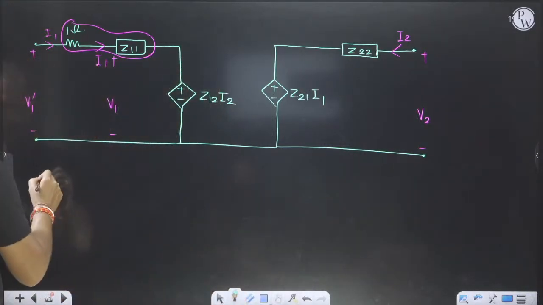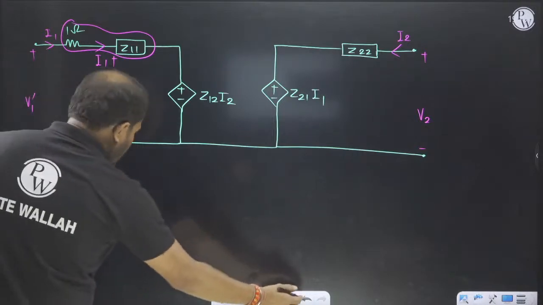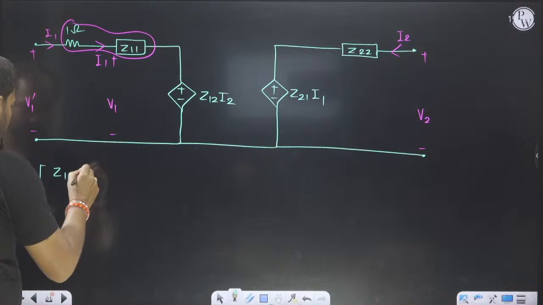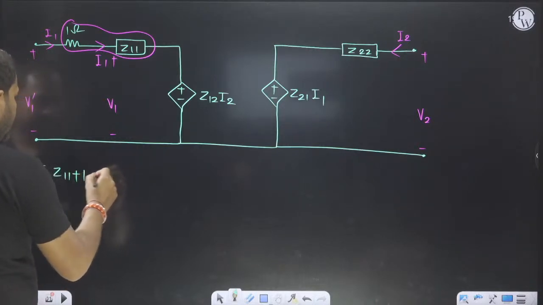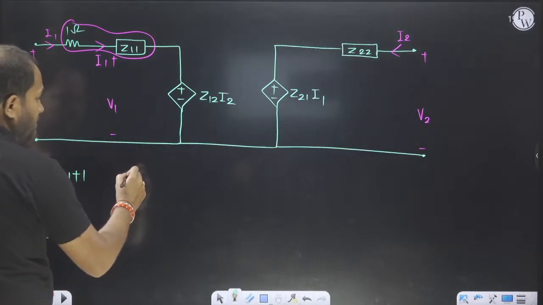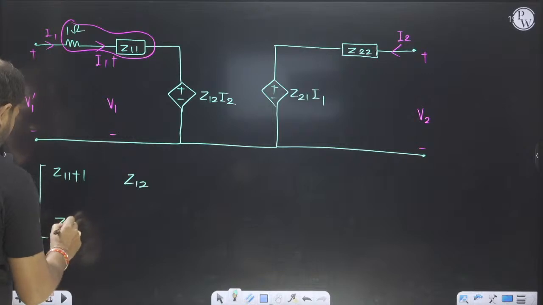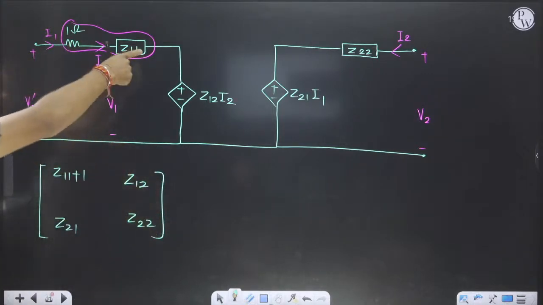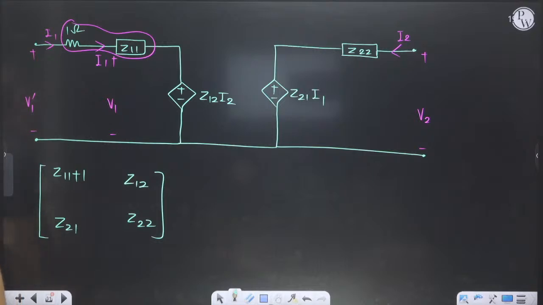So the Z parameter matrix will be Z11 plus 1, Z12, Z21 and Z22. Only Z11 will change. So this is a simple equivalent model.